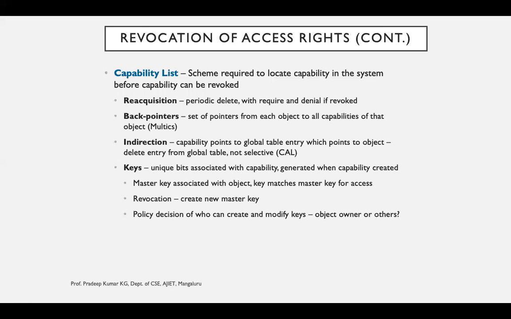Now coming to the capability list, we should have a scheme, a proper syntax. It is required to locate the capability in the system before the capability can be revoked, because the capability list is made up of key and lock pairs. In such a case, we are supposed to identify which of the locks has which of the keys. That is nothing but a key-lock pair.